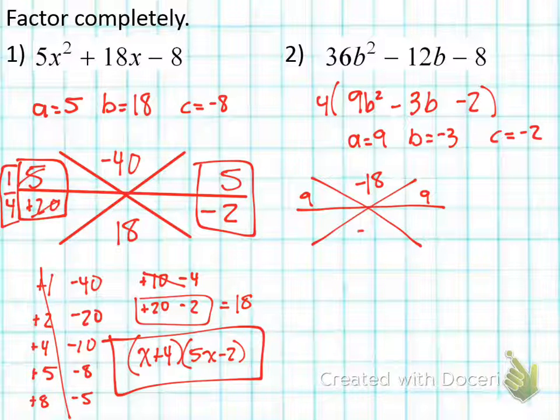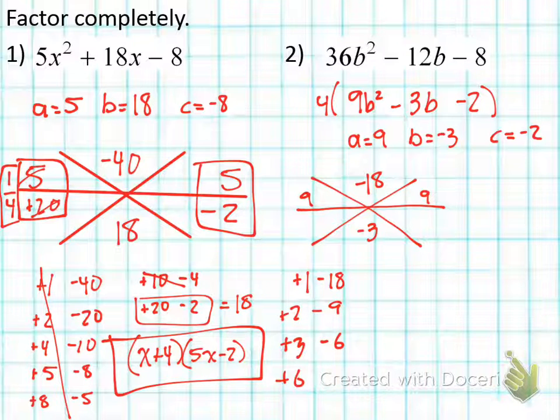B is negative 3. So figuring out what are the factors that multiply to negative 18 but add up to negative 3, well we got 1 times negative 18, positive 2 times negative 9, positive 3 times negative 6, positive 6 times negative 3, positive 9 times negative 2, and positive 18 times negative 1, right?